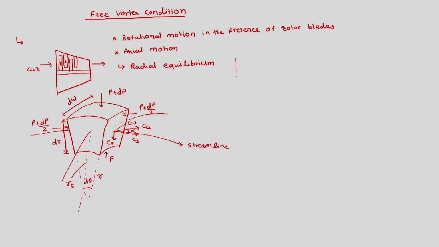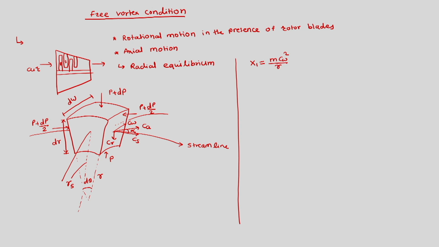Now we have drawn the free body diagram of the fluid element, and we will consider the different accelerations and forces acting upon it. First we consider the acceleration, which is X1, due to the centripetal force in the presence of velocity CW. So this is m CW square divided by r.